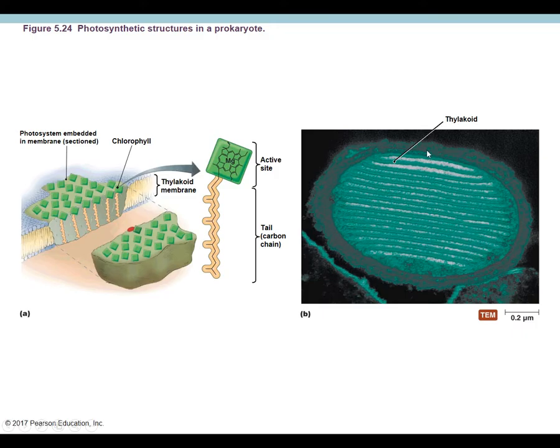So prokaryotic organisms that are photosynthetic have these infolded membranes. They're basically plasma membrane that's folded inward a little bit and has the chlorophyll embedded on it. So it's not an organelle, but it's just an infolded membrane that has folded into the cell and contains the chlorophyll. So that's where photosynthesis would happen in a prokaryotic cell.